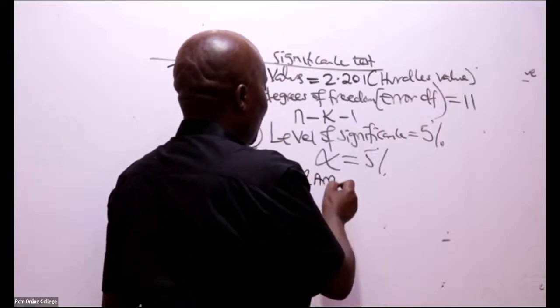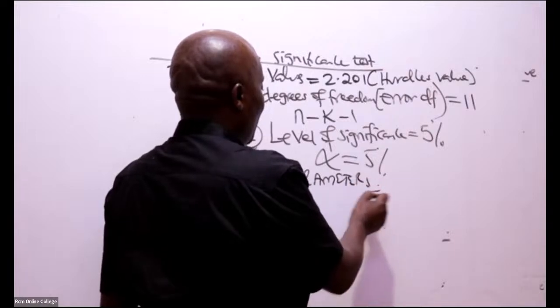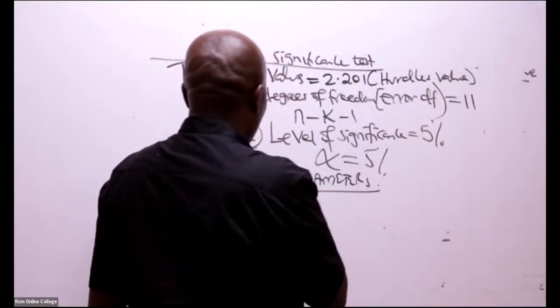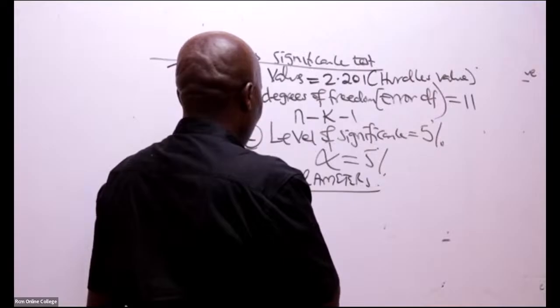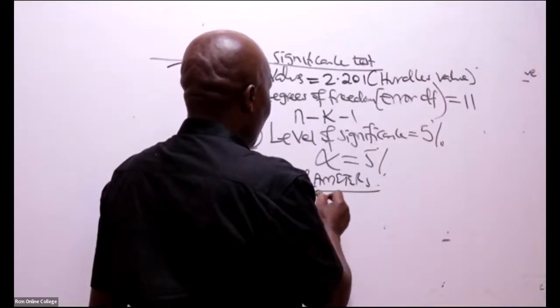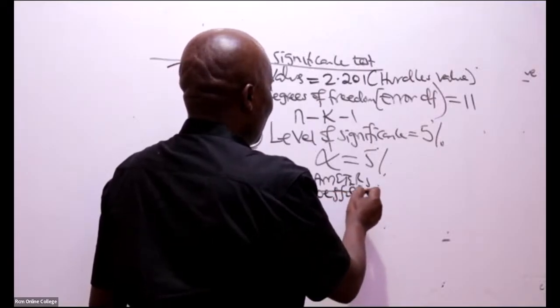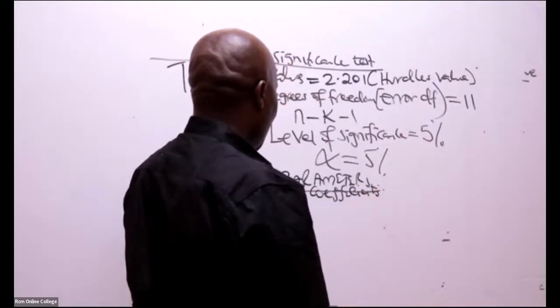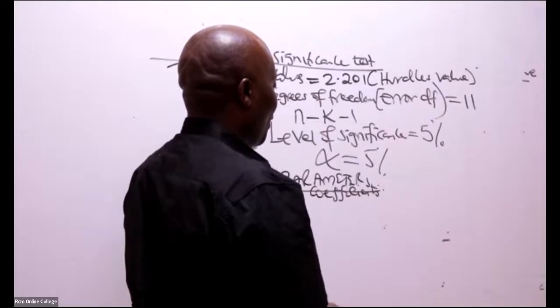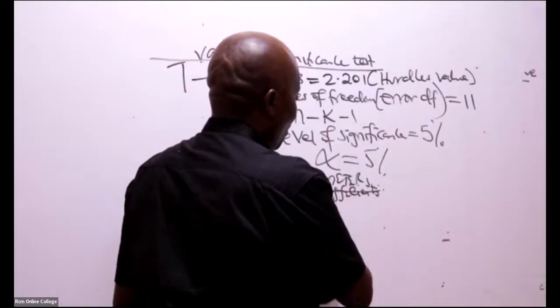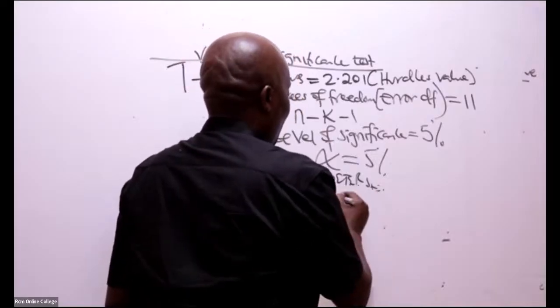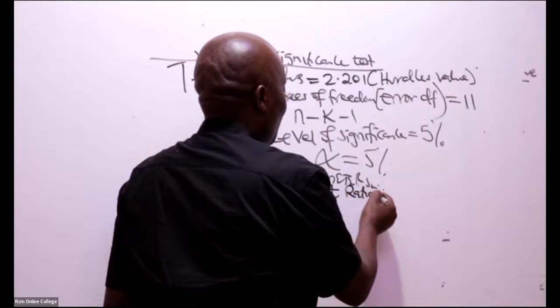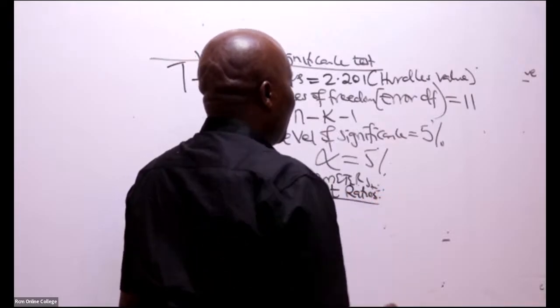Give us your parameters. What do we have? There are 3 of them. We have the constant, and then of course the coefficients. Then we have the t ratios, the t calculated.